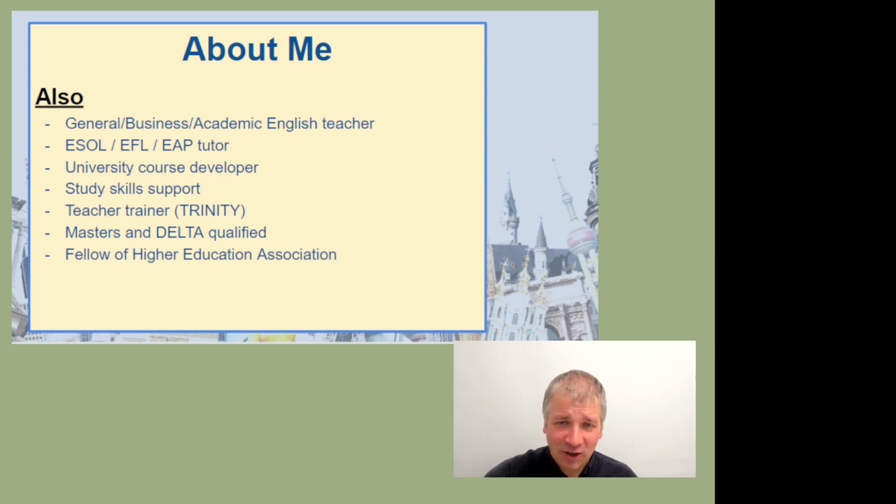I've trained teachers to become qualified teachers. I have the highest qualifications, Masters and Delta, and Fellow of the Higher Education Academy. That is the accreditation for university teachers. So I'm not saying that just to try and impress you. I just want you to know that when I claim that I know how English works and how to teach, I have some things to back it up.